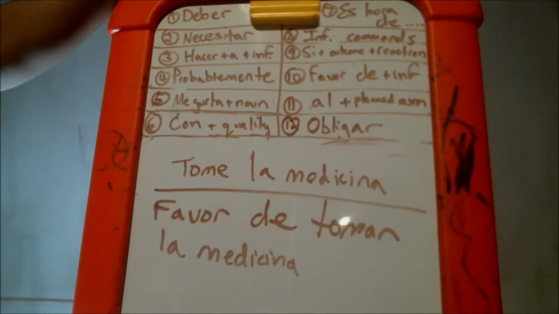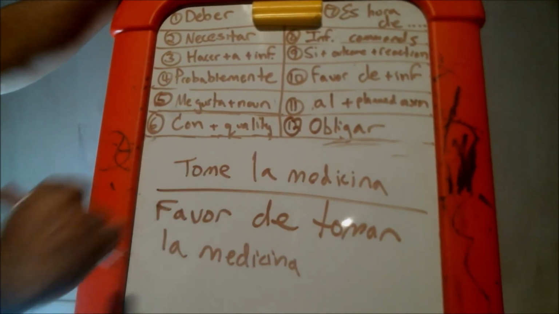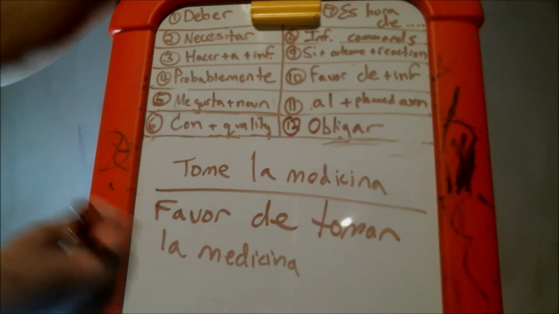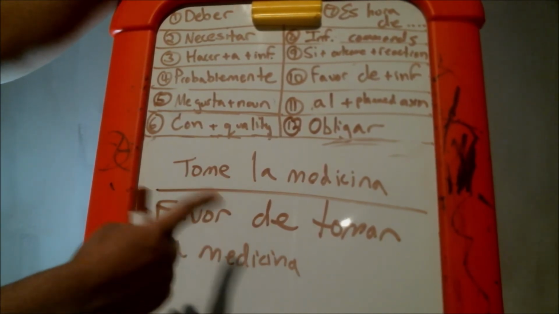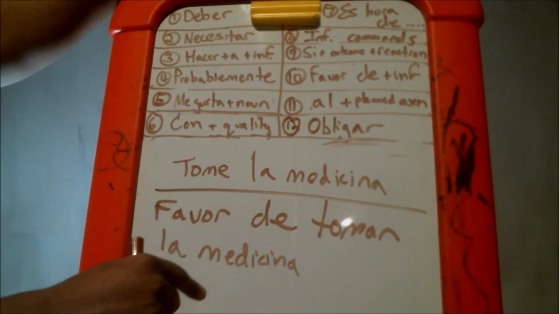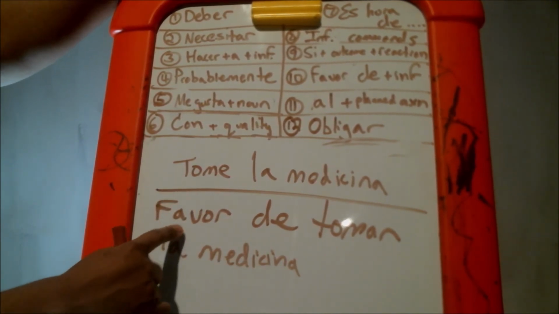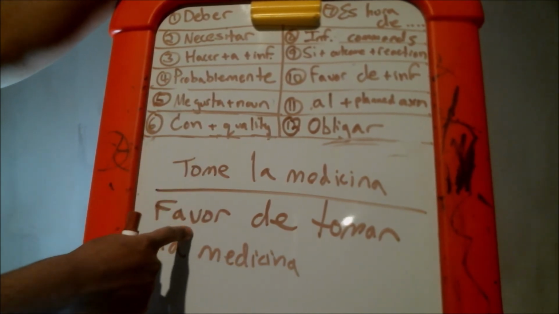Favor de basically means pretty please. And then you put the action in the infinitive. Favor de tomar la medicina means pretty please take the medicine. Now this one kind of comes off a little more like you're making supplication to them, like you're kind of begging them almost. Not quite that strong, but this one's kind of more pleading with them. This one's a command. This one's kind of pleading with them.